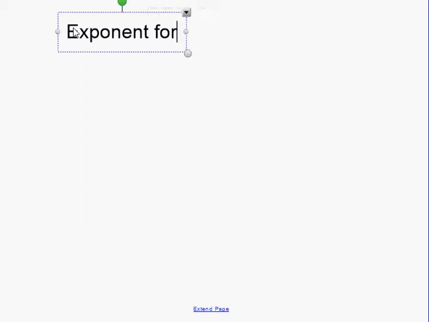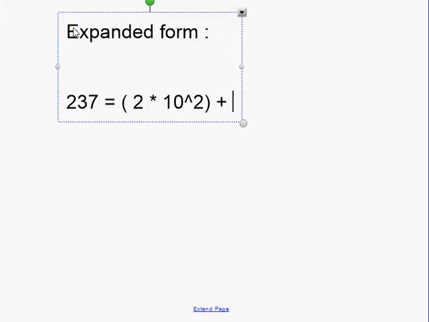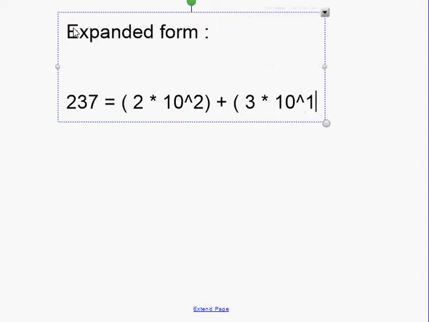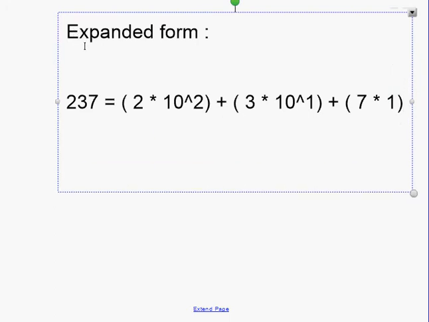So when we're told to write it in expanded form, for example, the number 237 would be 2 times 10 raised to the second power. The caret symbol means the number after it is an exponent, plus 3 times 10 raised to the first power, plus we would write 7 times 1. That's an example of expanded form.